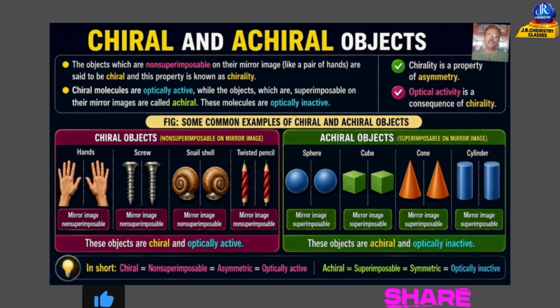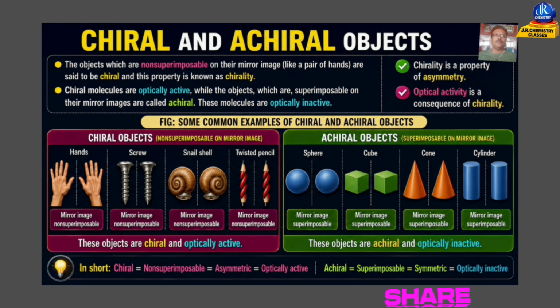The objects which are non-superimposable on their mirror images, like a pair of hands, are said to be chiral, and this property is known as chirality. Chiral molecules are optically active, while the objects which are superimposable on their mirror images are called achiral. These molecules are optically inactive.